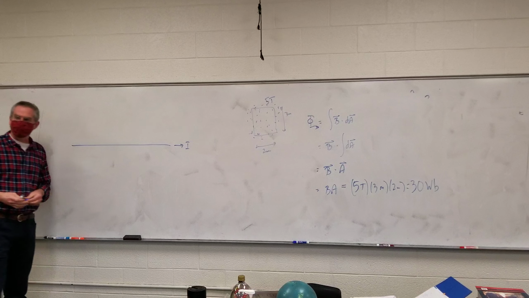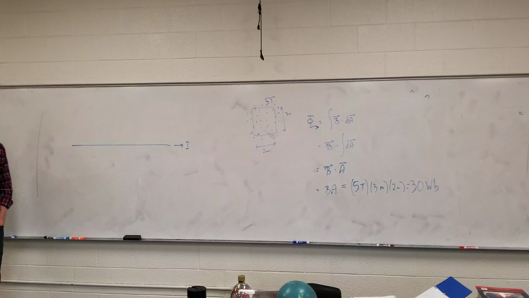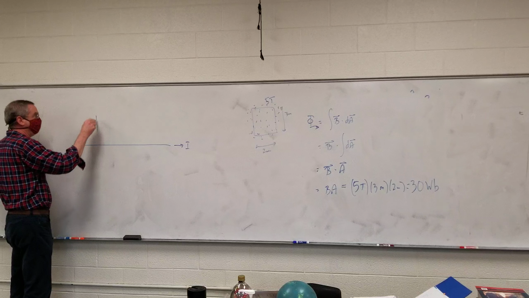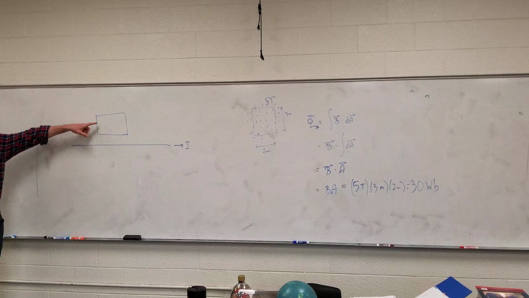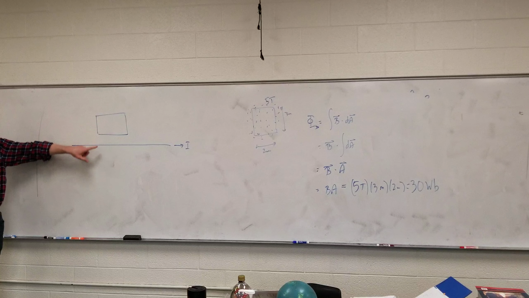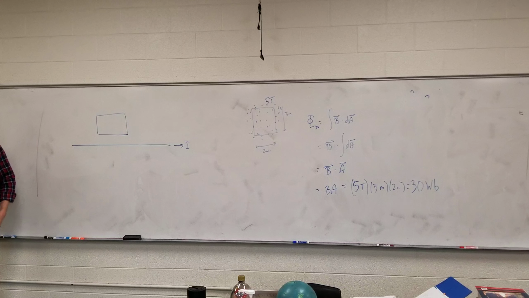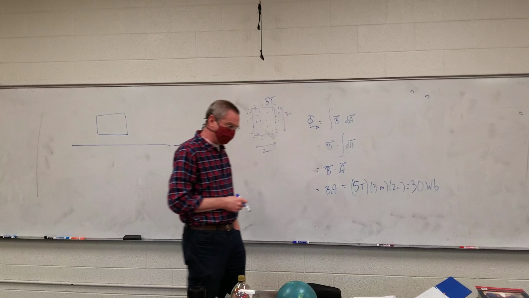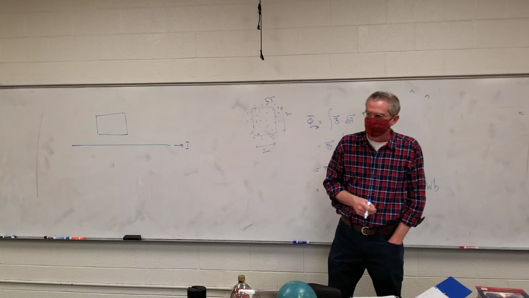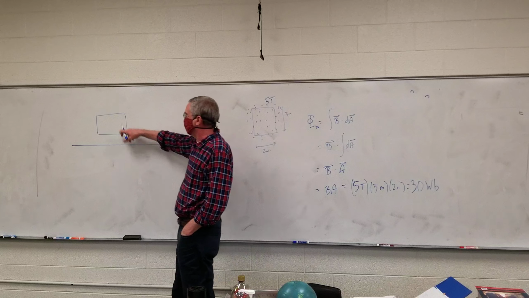So I have some current flowing through a wire that we will consider to be infinitely long, and I have an area now over here, and I want to know what is the magnetic flux through this surface because of the wire. We will keep it simple enough so that the current is constant, but the magnetic field definitely is not constant across this.